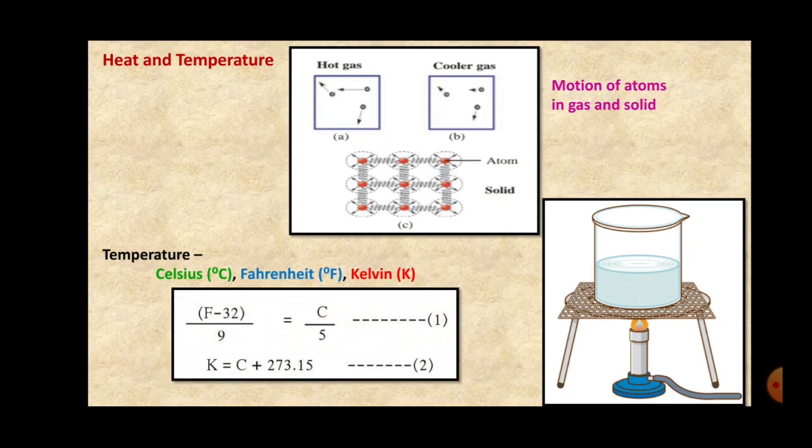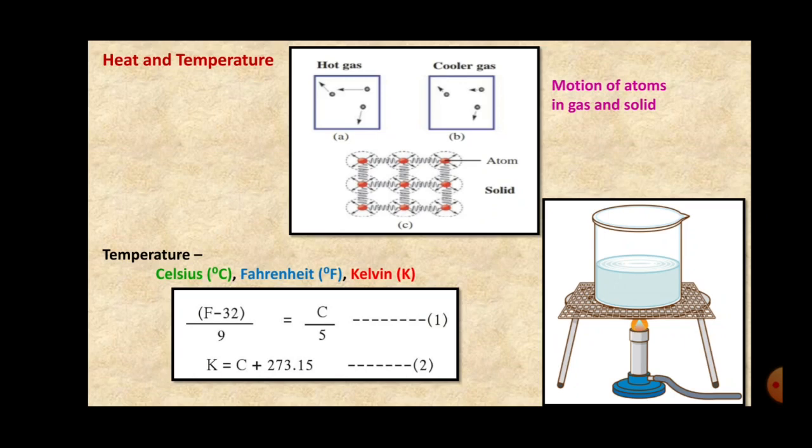Now, what is the relation between Celsius and Fahrenheit as well as Kelvin? Now, if we compare, we will see that (F − 32)/9 is equal to C/5. This is the relation between the Fahrenheit and Celsius.